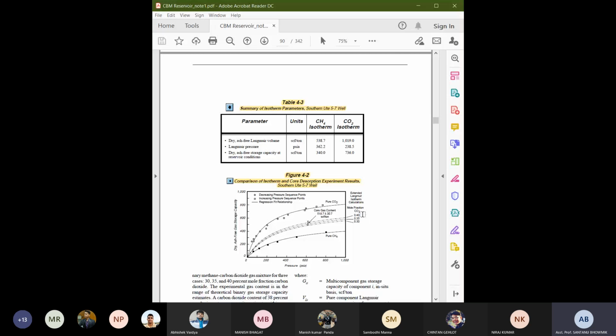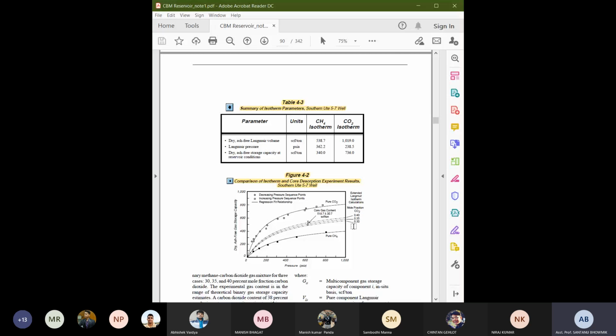With these three changes, they have tried to plot the total gas content. This is the total, not the individual, whereas if we use the pure gas, this is the individual one. So a lot of things can be interpreted from this graph.